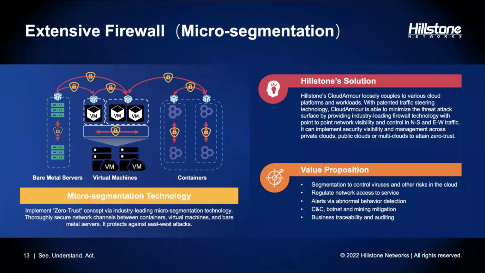We hope to have a through-and-through solution that will see across all cloud workloads that an enterprise possesses. Effectively, the extensive firewall microsegmentation allows users to segment in the cloud, which keeps viruses under control and reduces other risks in the cloud, helps regulate network access while providing an auditability of sorts, where access and routes can be traced back to their origins.